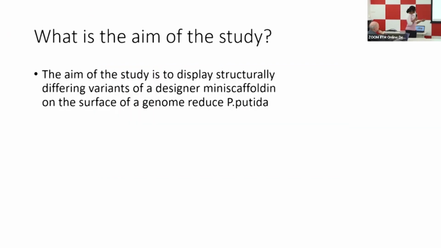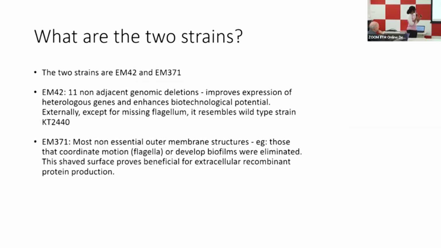Moving forward, we're taking two strains of Pseudomonas putida, which are EM42 and EM371. EM42 has 11 non-adjacent genomic deletions, which improves the expression of heterologous genes and enhances its biotechnological potential. On its external appearance, it resembles the wild-type strain, except for the missing flagellum.